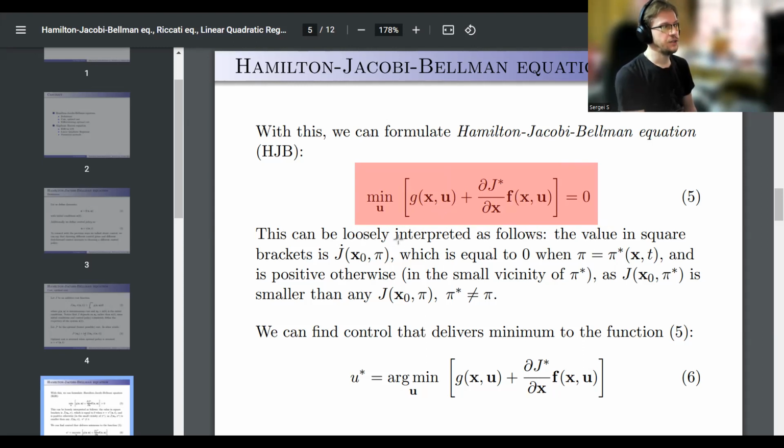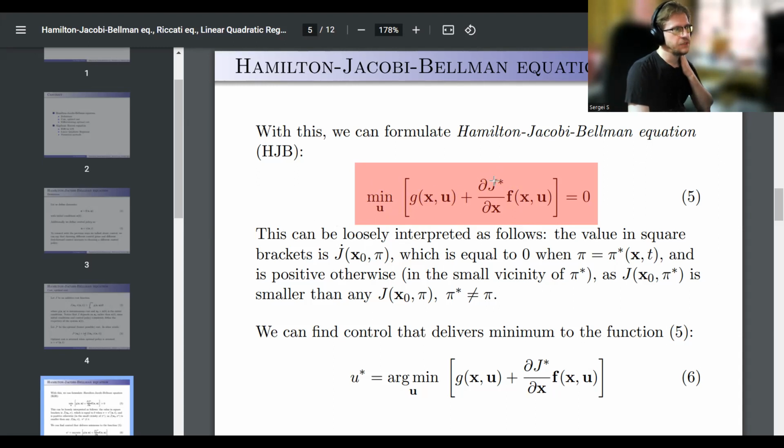And if it holds, great, you found the correct control law. Of course, the problem is that it is difficult to check in practice because of this min over u. But theoretically speaking, you could do that.